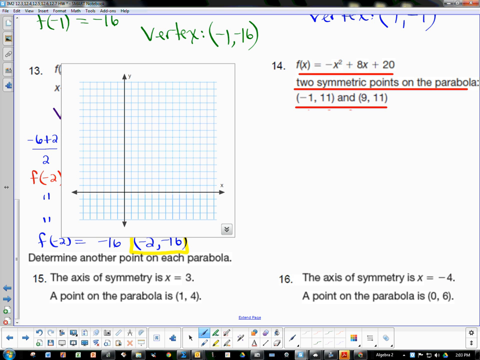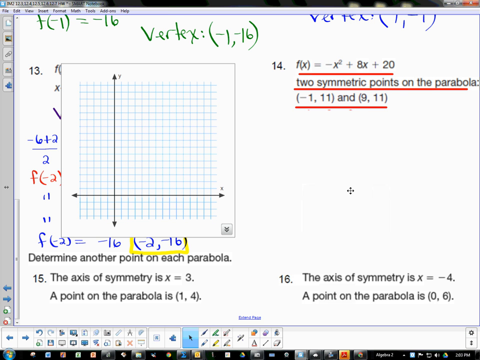So this is going to be negative 1 comma 11. So 1, 2, 3, 4, 5, 6, 7, 8, 9, 10, 11. There it is. And then I'm going to have 9, 11. So we've got, head up to 9. All right, so we've got 1, 2, 3, 4, 5, 6, 7, 8, 9.